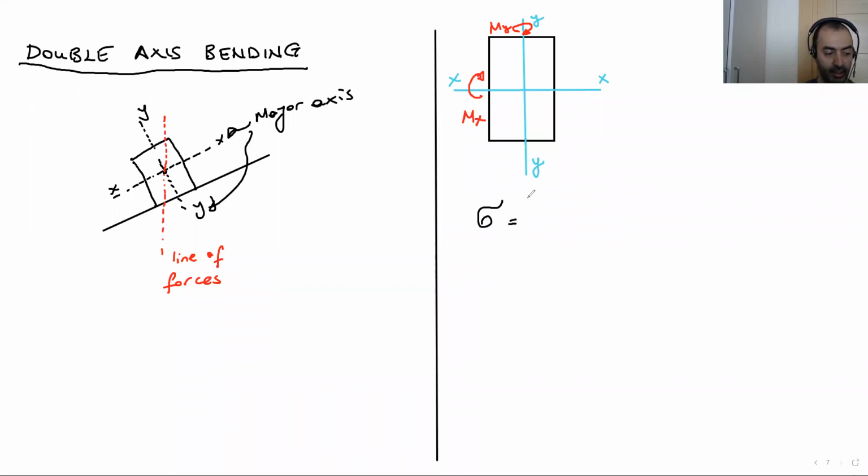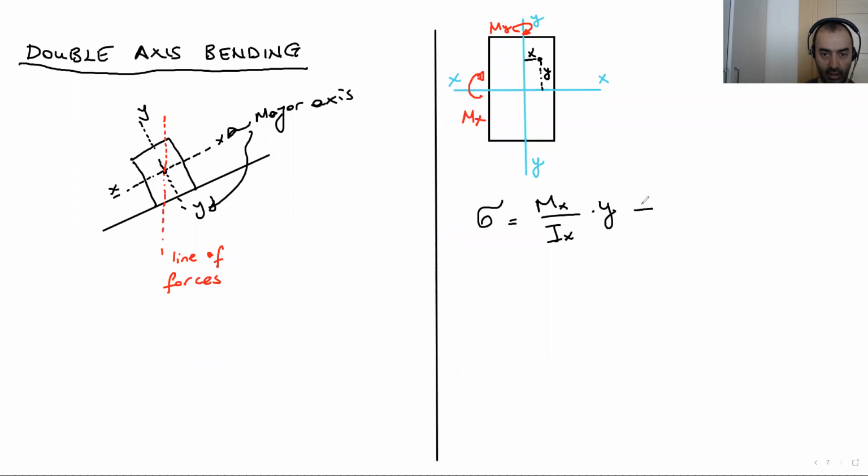Firstly, we think about the x-axis, Mx over Ix times y. By the way, if we are looking for the stress at this point, here is x, here is y.